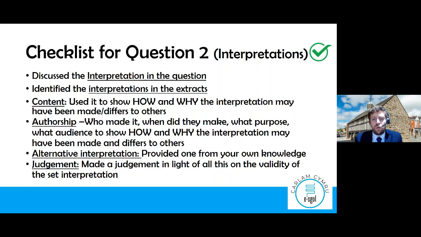So between those two, those are your checklists for question 1 and question 2. Things for you to apply when you're doing some past paper questions now and in preparation, memorizing really in turn, ready for the exam so you can go stage by stage by stage in the exam itself.